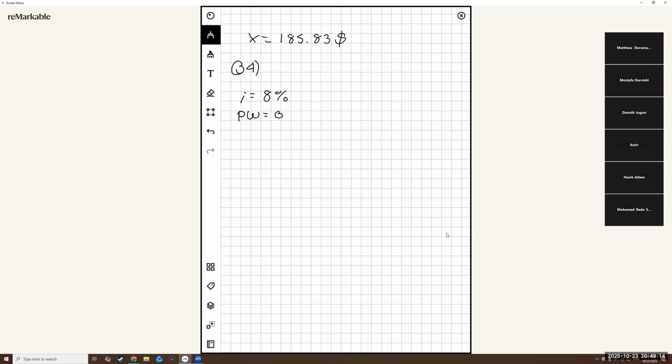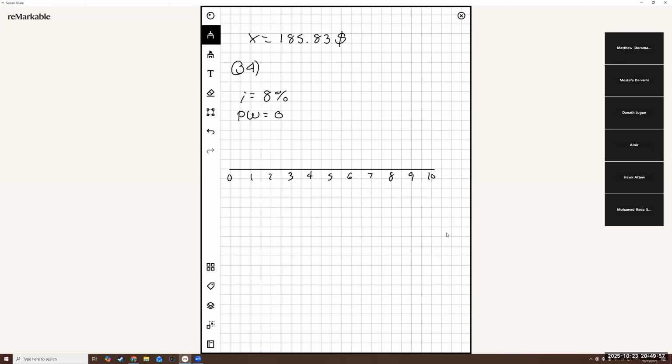Okay, and what is our present worth formula? Let me just redo this diagram quickly.